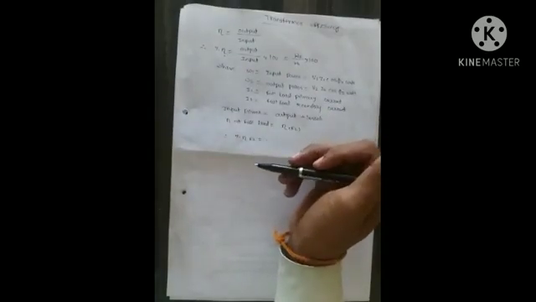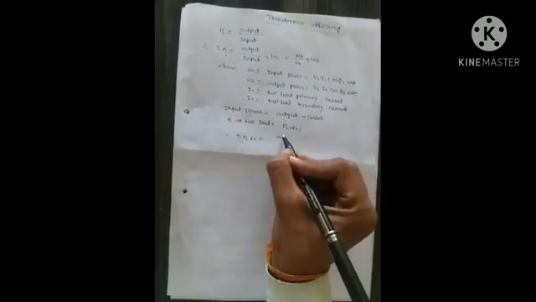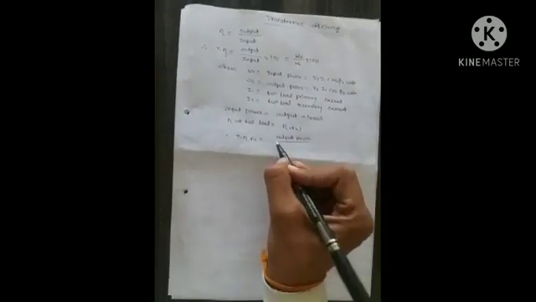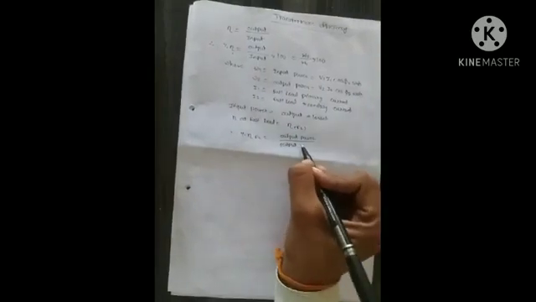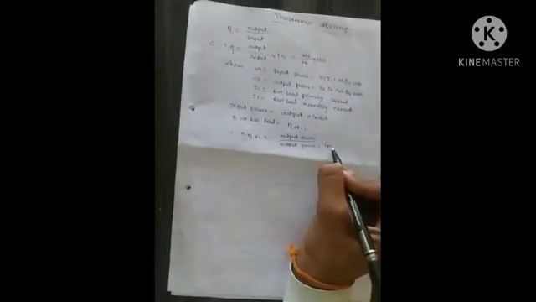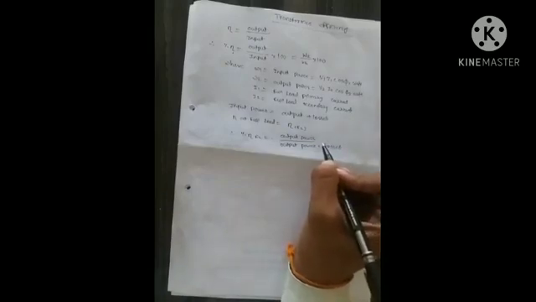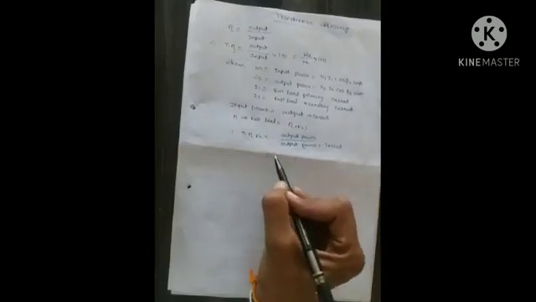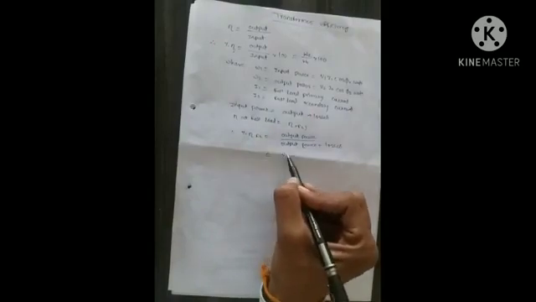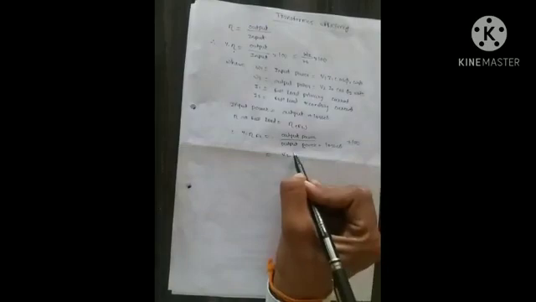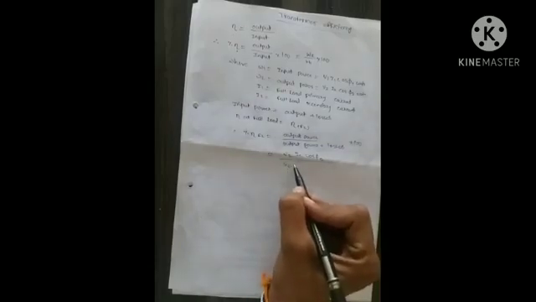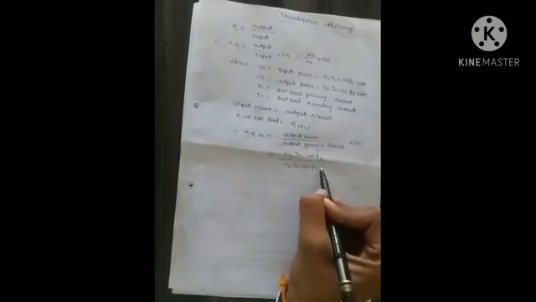So we will get output power upon output power plus losses into 100, that is V2 I2 cos phi 2 divided by V2 I2 cos phi 2 plus Pi plus PCU.